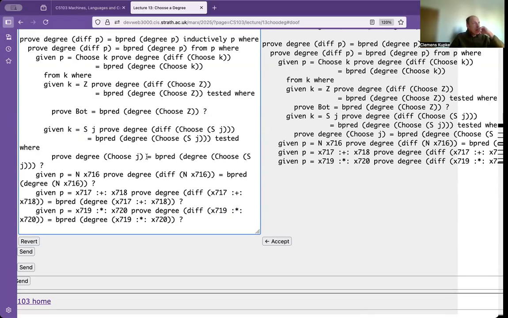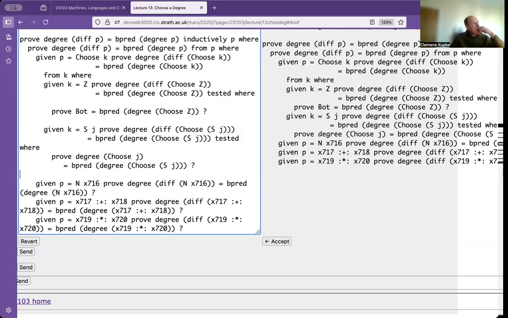So it's not completely decisive, but this is a couple of hints, right? We have to make sure that whatever degree we give to choose zero, the minus infinity is one less than it. So that gives us two choices. And we already said we want the degree of choose zero to be zero.